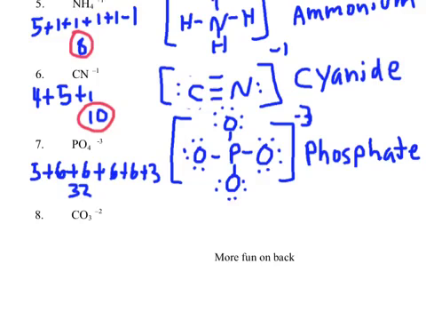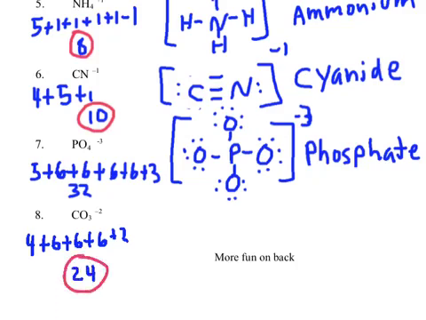And now we have the carbonate ion. So we have 4 electrons from carbon, and then we have 3 oxygens, each with 6 valence electrons. And since it's a -2, we're going to add 2 more. So that gives us a grand total of 24 valence electrons to work with.